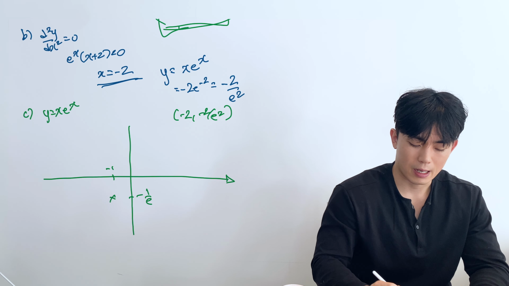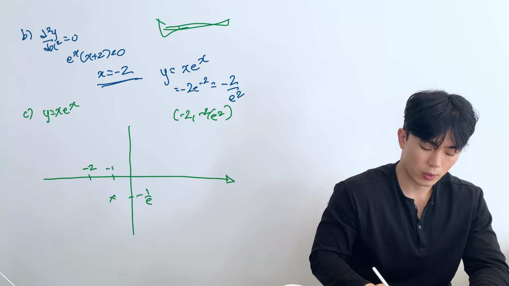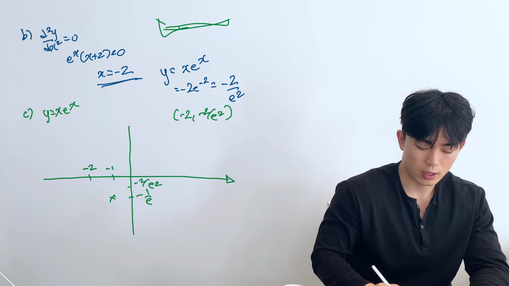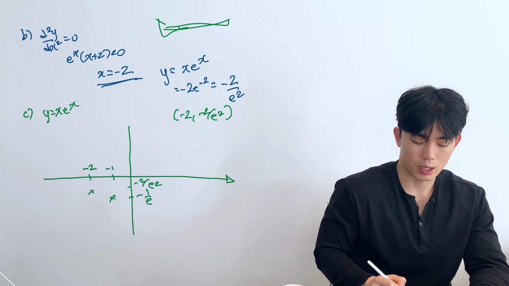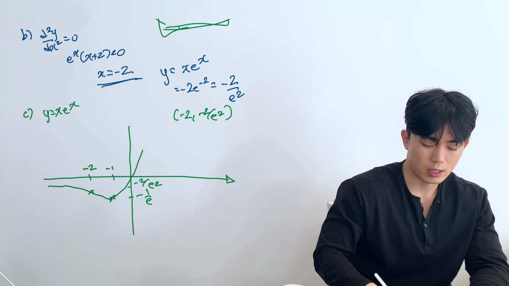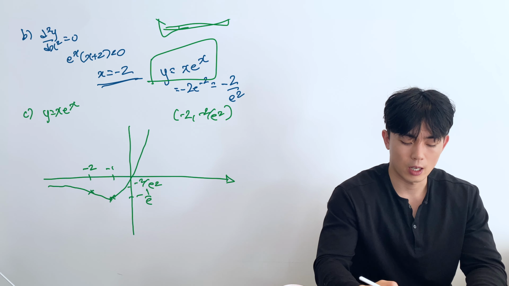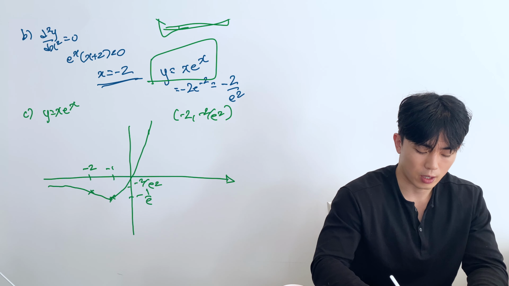So minus 2 comma minus 2 over e squared is going to be roughly here. And so therefore we know that it's going to move slightly this way here. And then we also know it's going to pass through 0, 0, because if I just put x is 0 into here, I get y is 0. So the curve will look something like this.